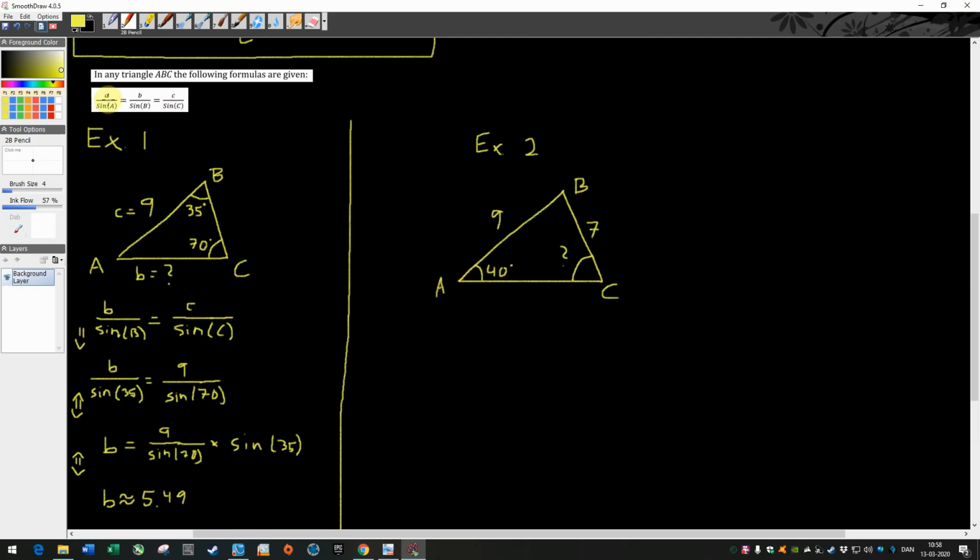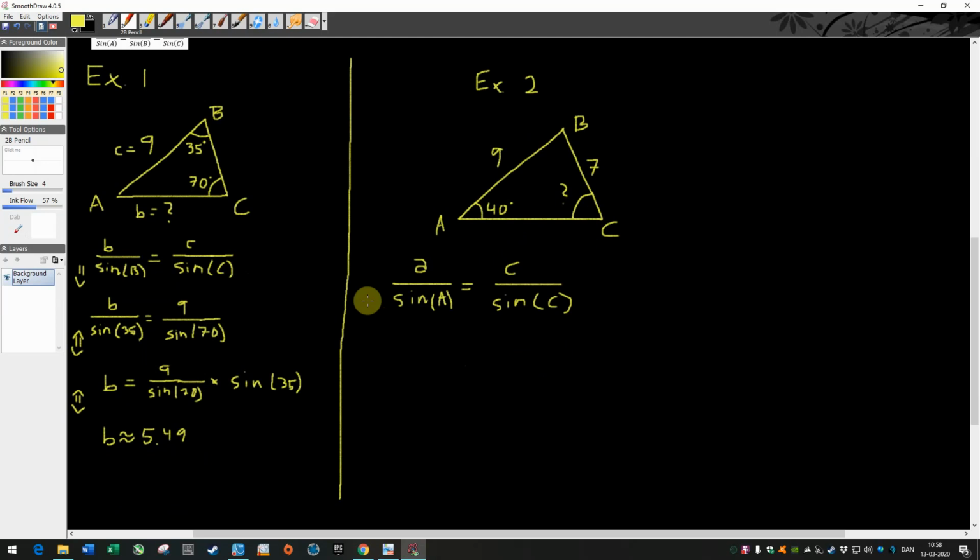We have something with A. Okay, so the formula we will write is a over sine A equals c over sine of C. Now you just insert the values.